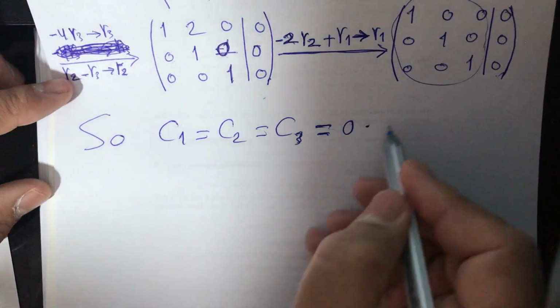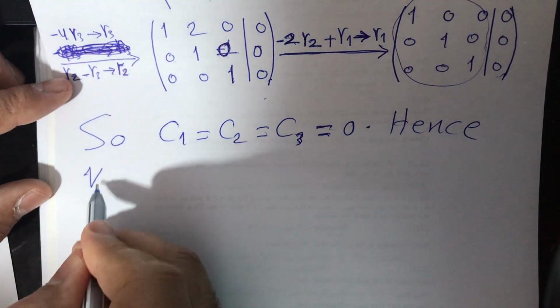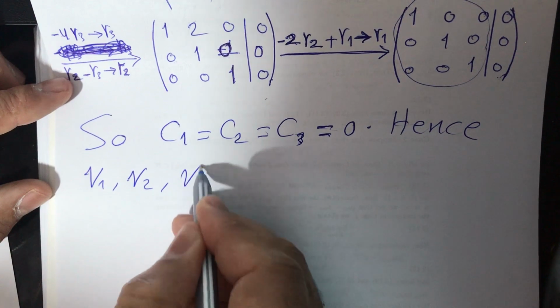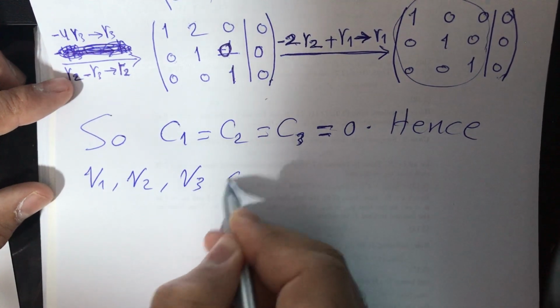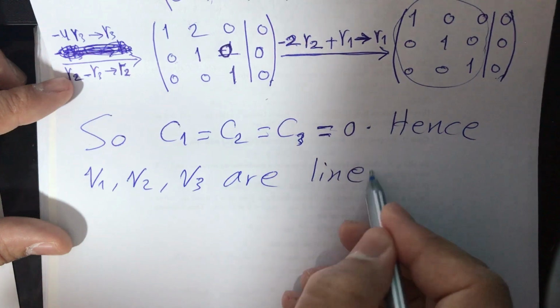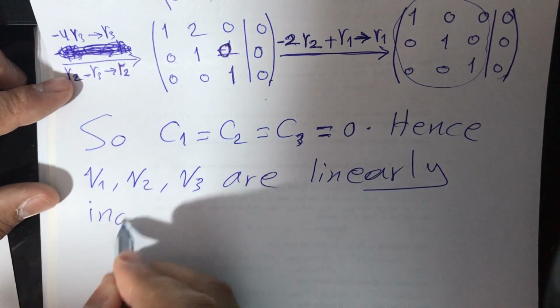Hence V1, V2, V3 are linearly independent.